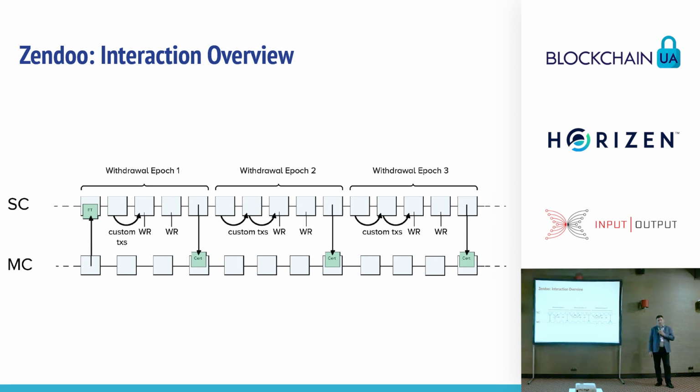You submit it to the main chain, and now all this epoch is basically lost. You can break the sidechain because it will now be stopped, since you submitted an epoch that no one knows about. People only know from the certificate on the main chain that the epoch has happened, but I don't know what exactly happened. I only have the certificate. So can I continue on the sidechain from that or no?